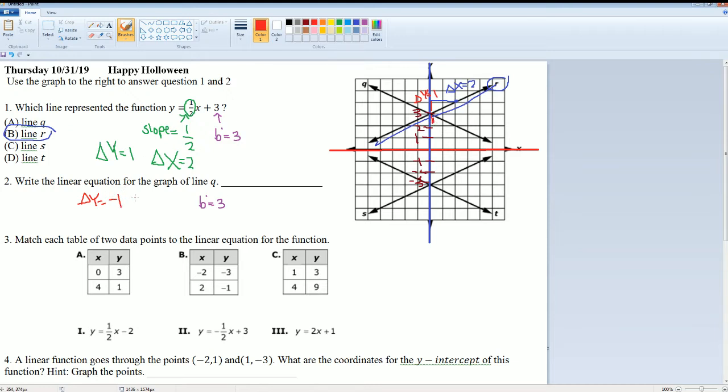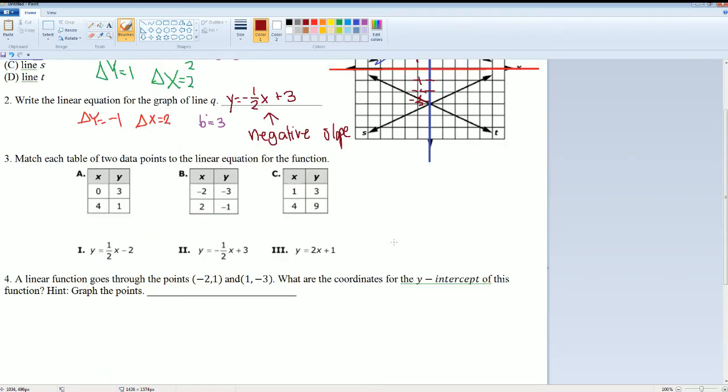But it's also going to the right, so your delta x is still 2. So the difference is that this one would be y equals -1/2 x plus 3. Notice how it's the same, this just has a negative slope.